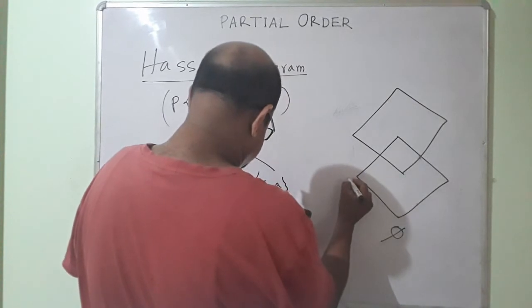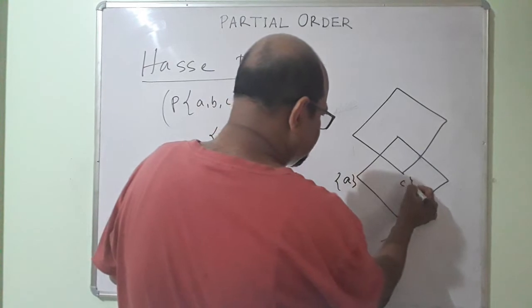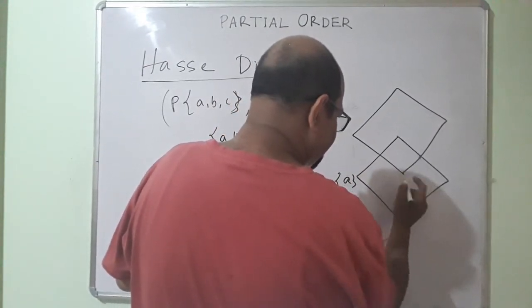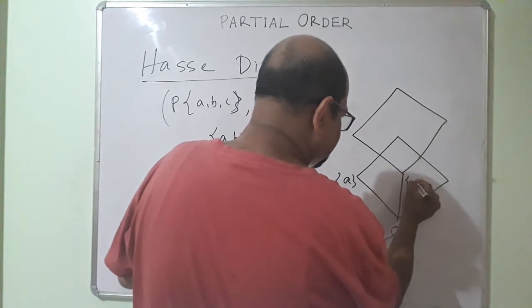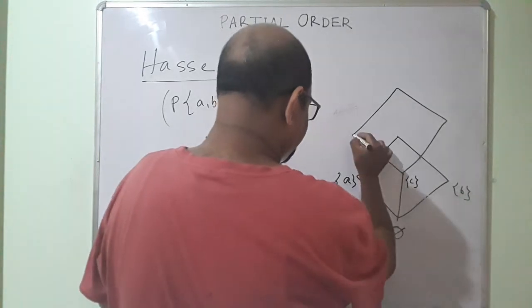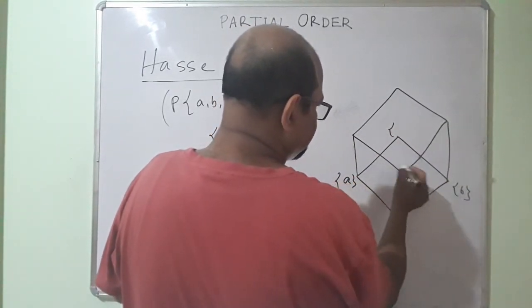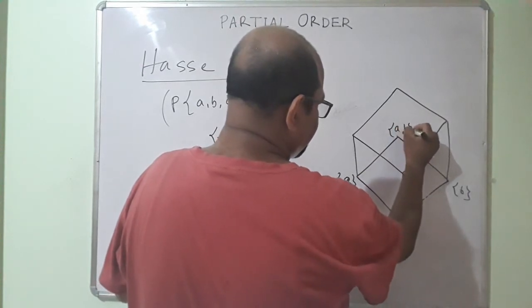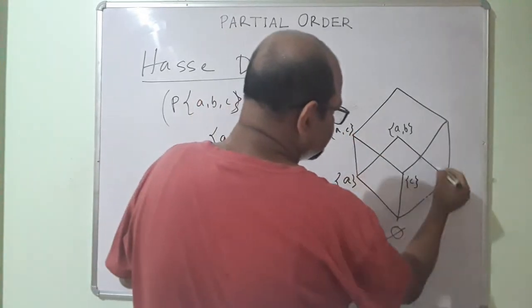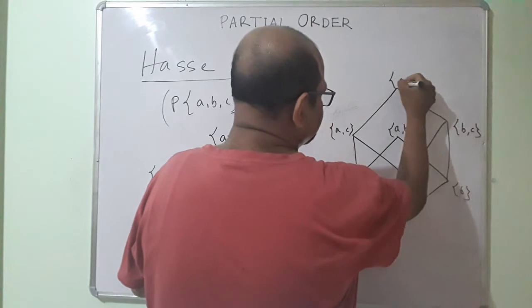This is A. This is C. This is B. And then this is AB, this is AC, and this is BC, and this is ABC.